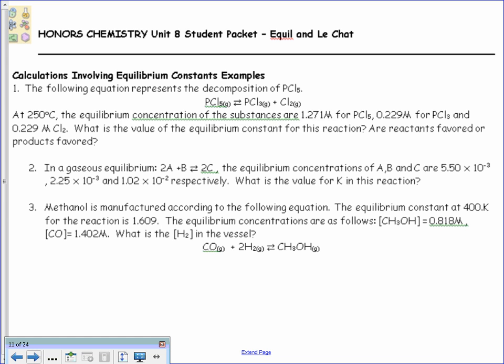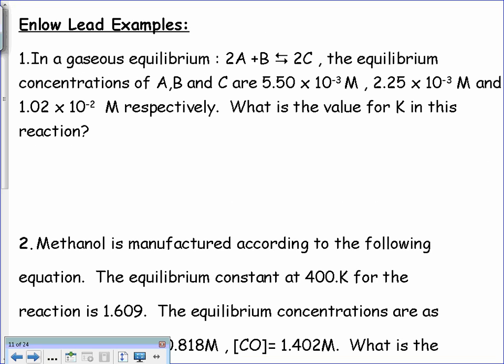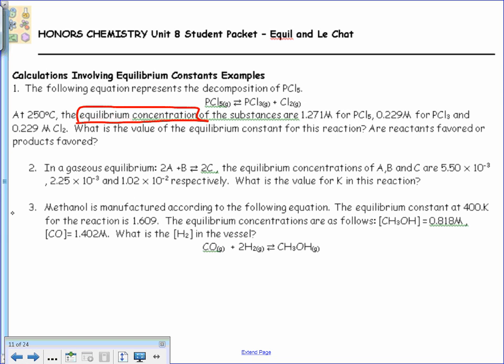When the equilibrium concentrations are given, that's great, because those values are what K is talking about: the concentration of the products at equilibrium and the reactants at equilibrium. These values are what we plug into K to calculate K. I'm going to do these first two with you, and then we'll try some by ourselves. So here we are. This is not the same problem. I don't have any space here, so I'm going to write down here.